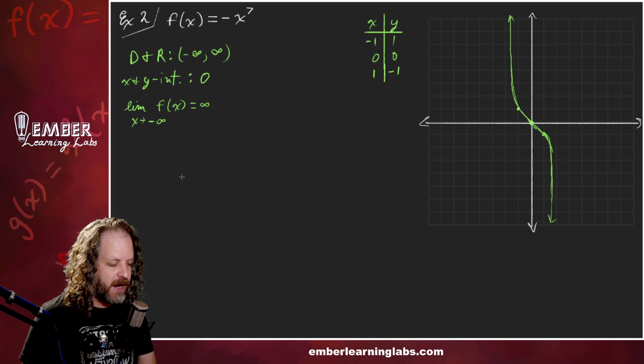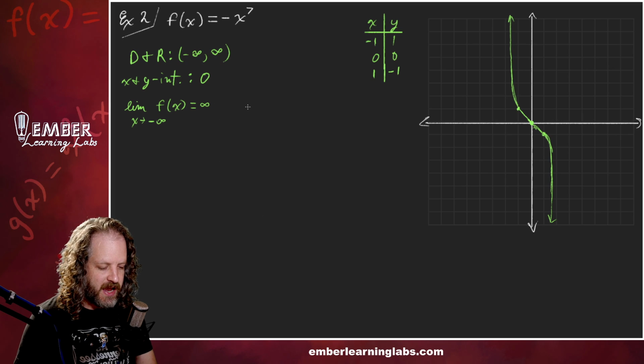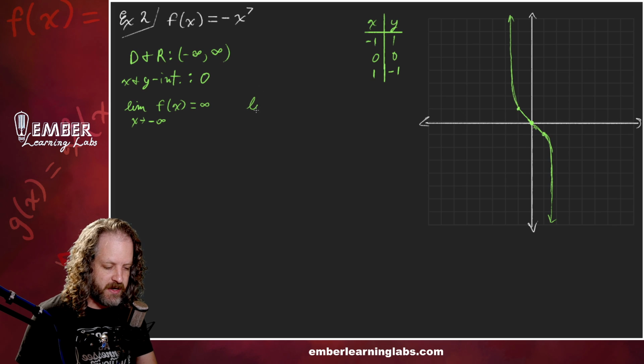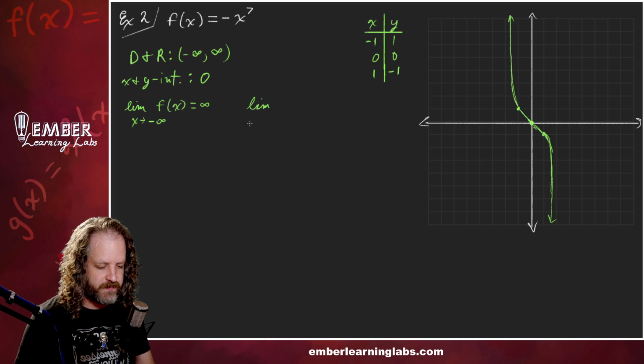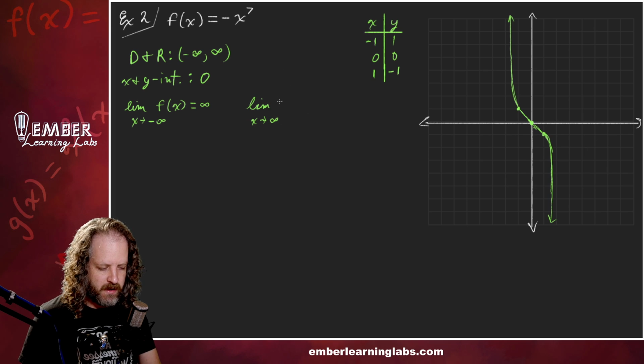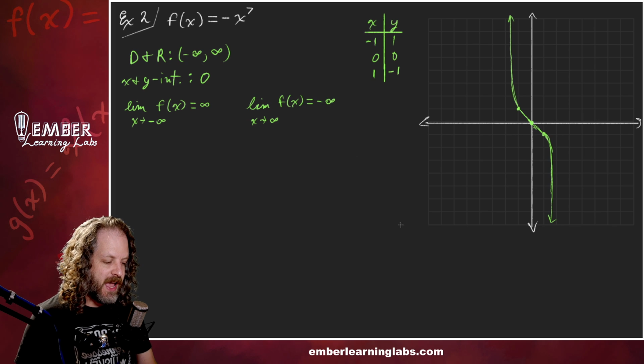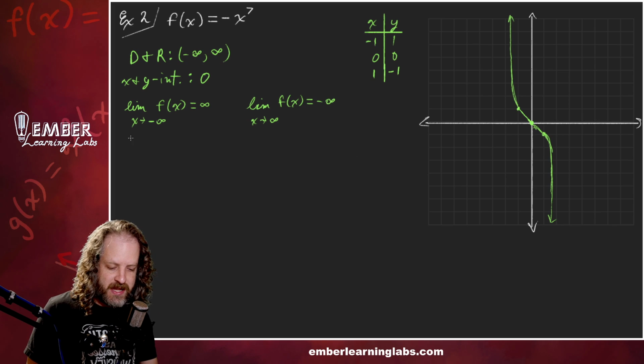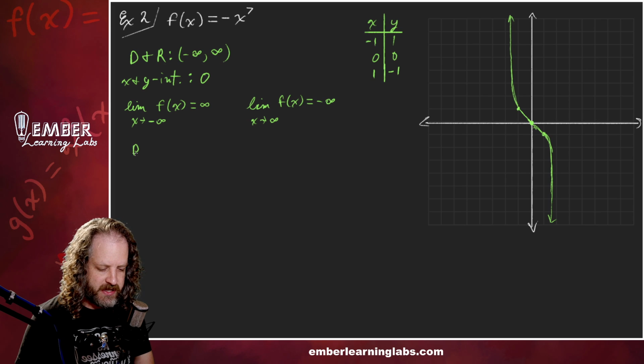We're approaching positive infinity going to the left, and the limit as x approaches positive infinity of f of x equals negative infinity this time. And it is only ever decreasing, right? It's never increasing. It's odd.